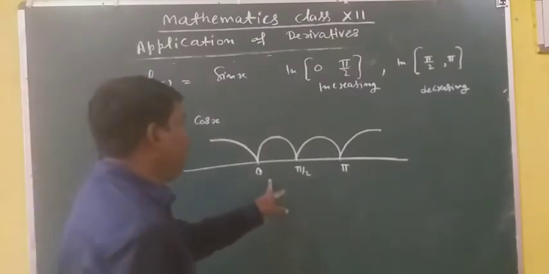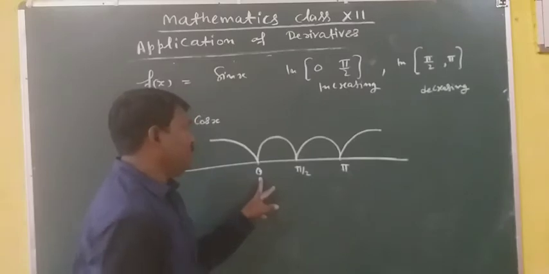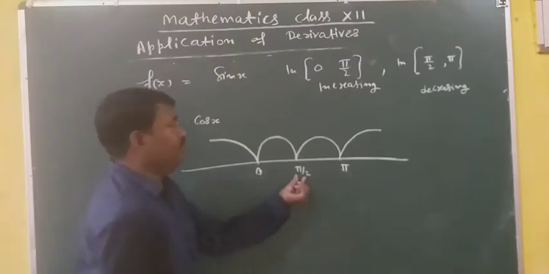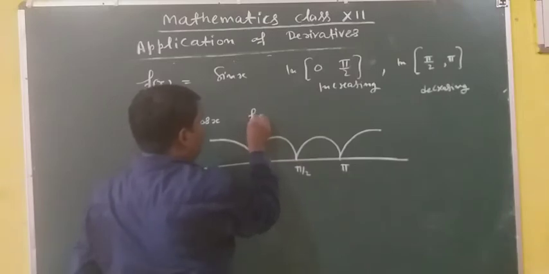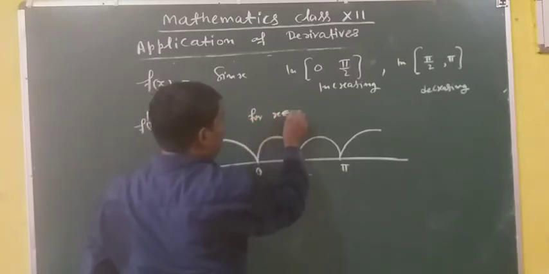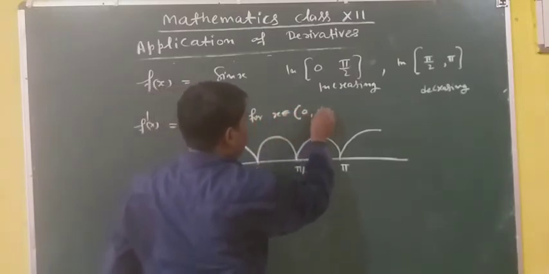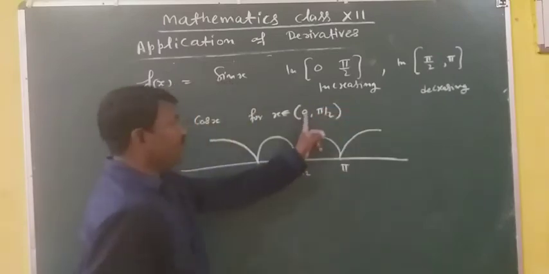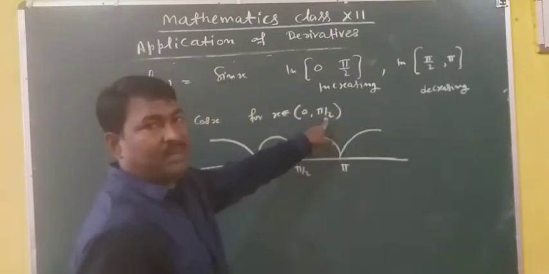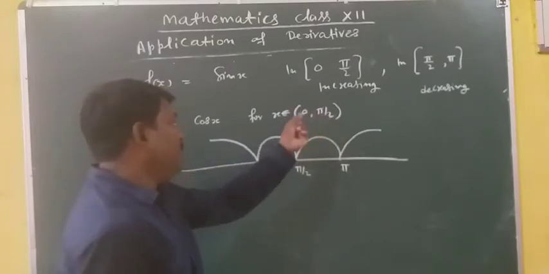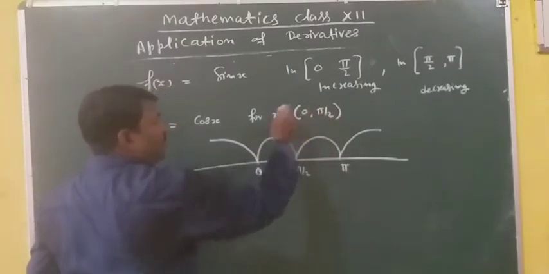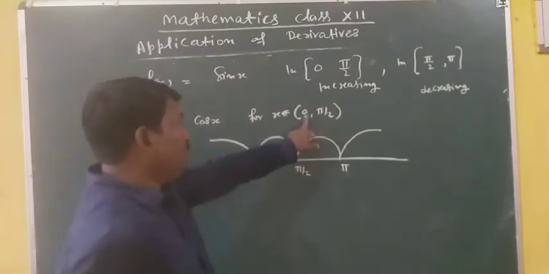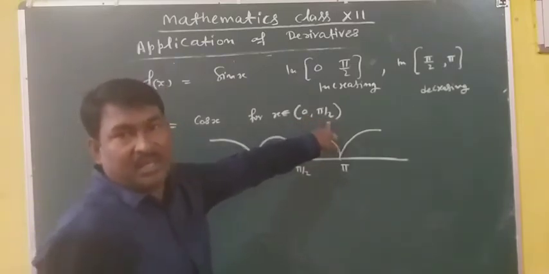If you put any value more than 0 and less than pi by 2, as you know it is a closed interval, but you have to check for x belongs to 0 to pi by 2, meaning more than 0 and less than pi by 2. Suppose we put the value 30 degree. 30 degree is more than 0 degree and less than 90 degree.